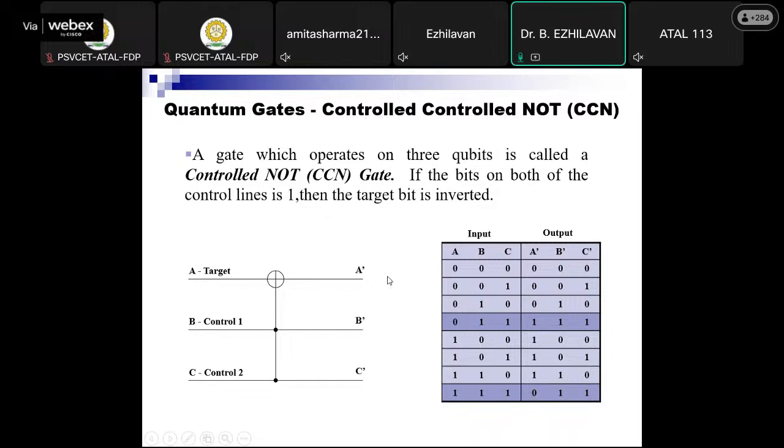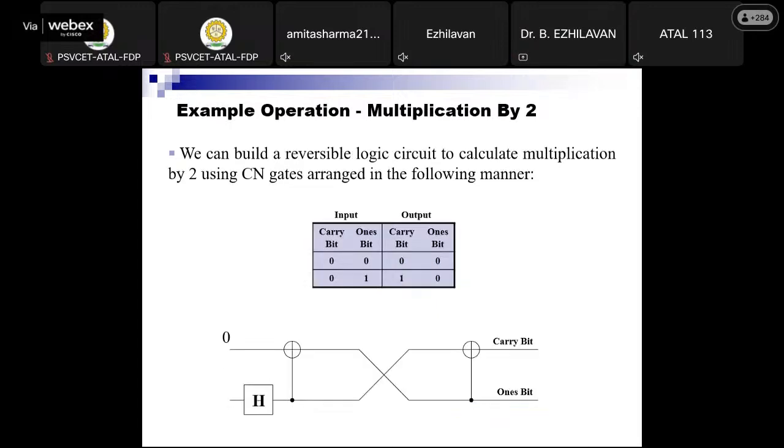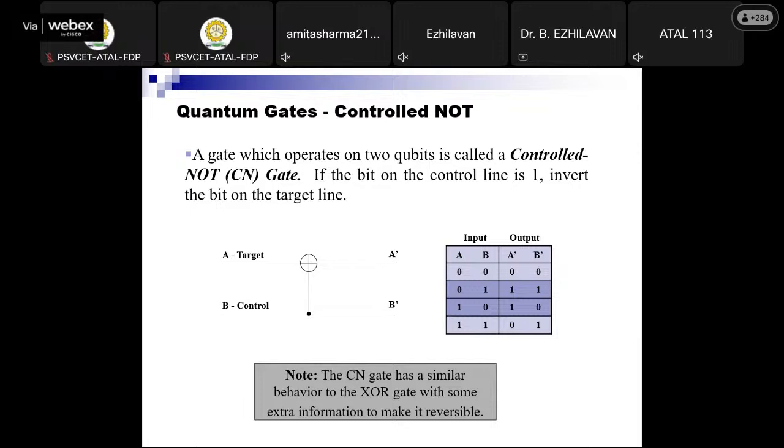Understood? This is the logical operation in the quantum CCN gate. If anyone wants, take a screenshot of this or take a photo. Just look at this, how we are getting it. If the control line is 1, then the target line will be inverted.